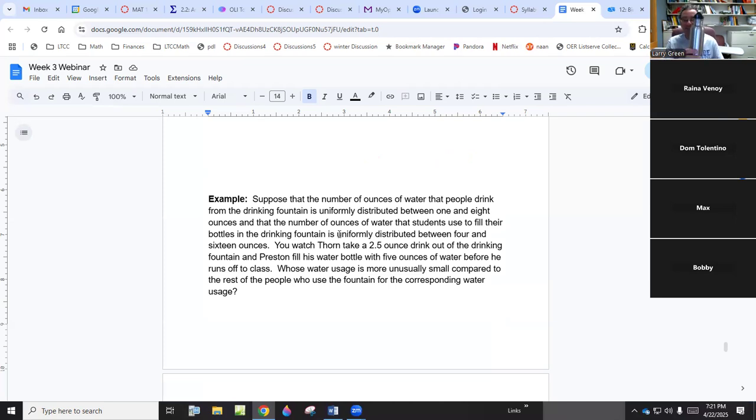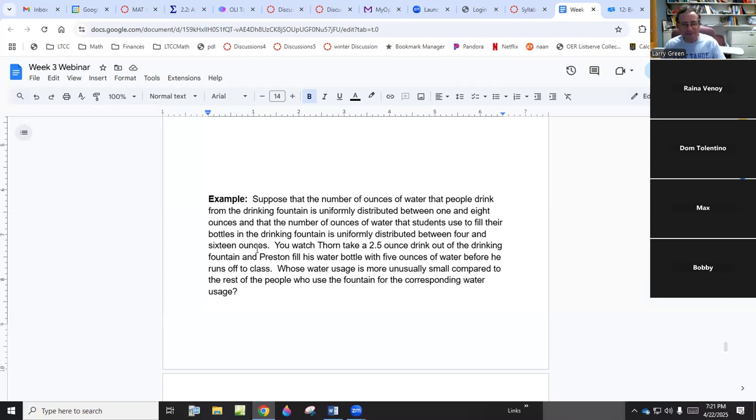So here's my bottle, and I had to fill it because I've drunk some of it. So I need to go fill it. So let's suppose that that is uniformly distributed between 4 and 16 ounces. Because again, not all bottles are the same. Some are bigger, some are smaller.